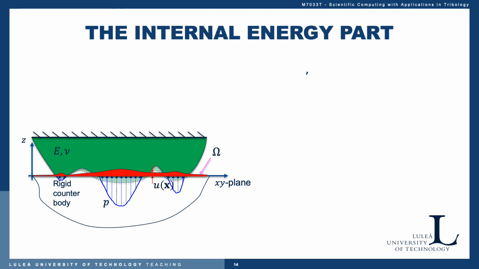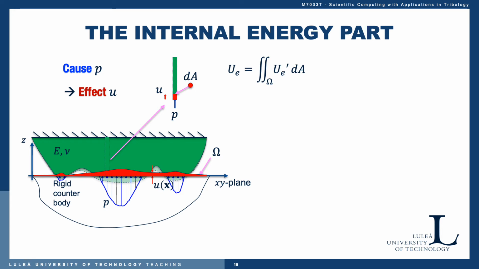Okay, so in order to obtain an expression for the internal elastic energy, we will start by considering the pressure at one point in the xy plane as the cause of the effect in terms of the elastic deformation U. Then we will postulate here the expression for the elastic energy in terms of the elastic surface energy UE prime at a point in the xy plane.